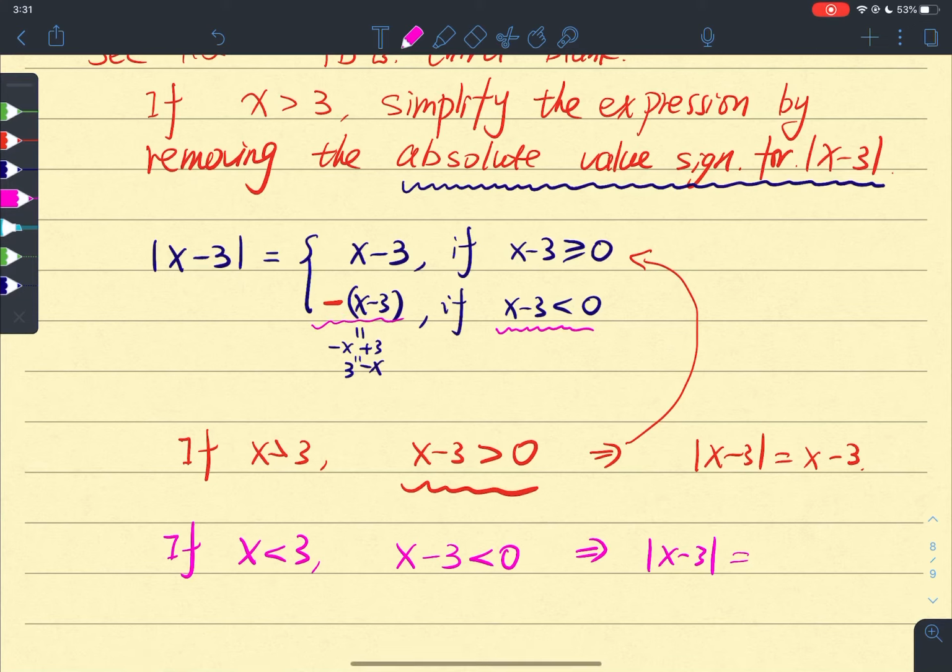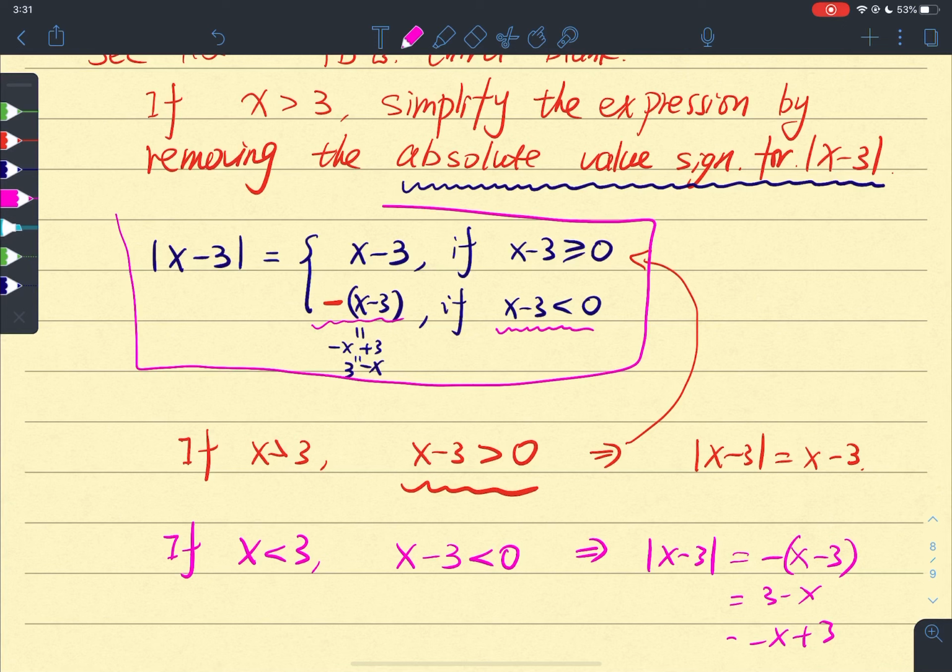So your simplified version of the problem is either this or that. Depending on the case, you choose the right row of the expression. It goes back to the definition of the simplified version of the absolute value expression, which we discussed in detail in class with several examples.